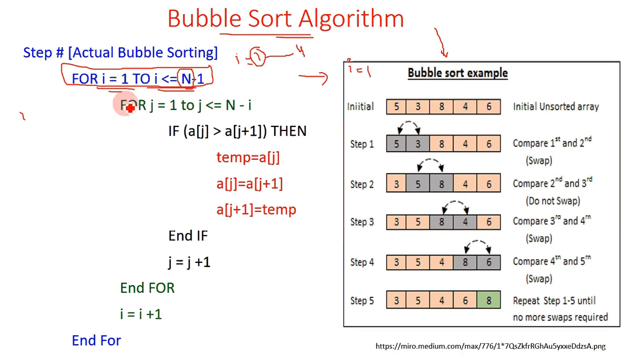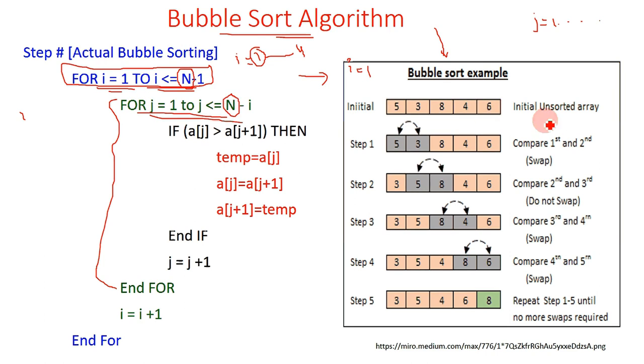Now the second for loop is inside the first loop. This is called a nested loop. So the control will go to the inner loop, and the j value will start from 1 and go up to n minus 1, where n is the size of the array.